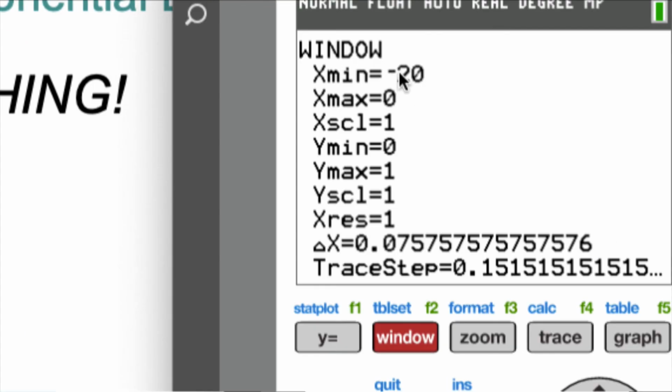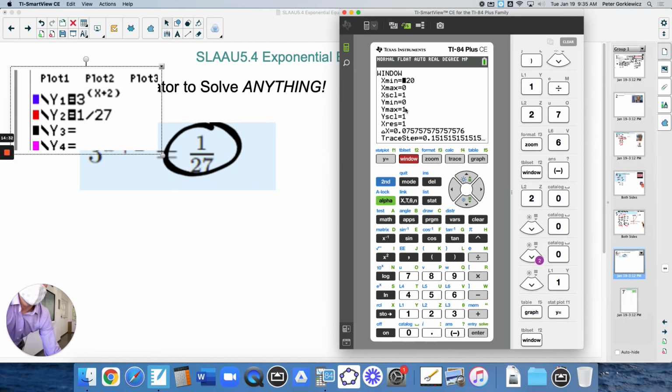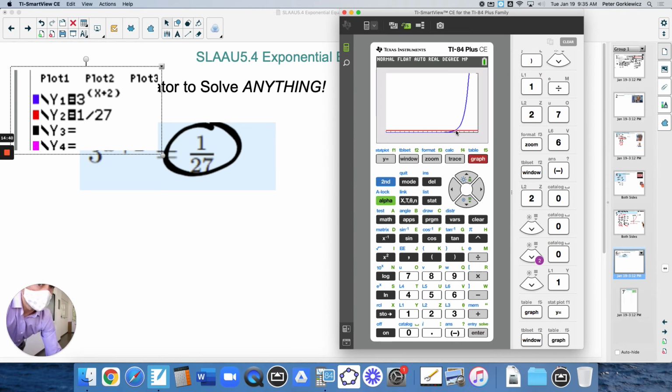I guessed on the negative 20. I just said I want to see really far back that way. I don't need to see past 0. And I know that this is going to be pretty small, but not past 1, not past 0. So fuss with your window until you've got that. That's the whole problem, is messing with the window. Can you drive your calculator's window?